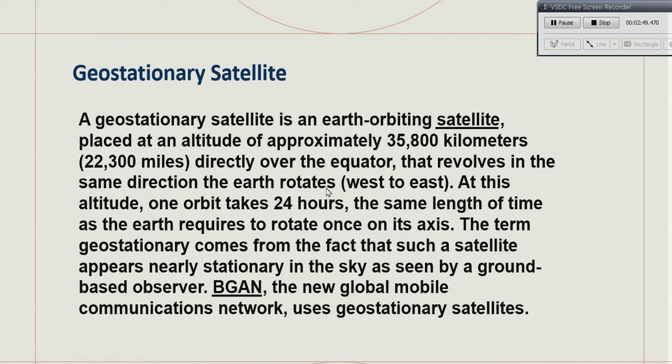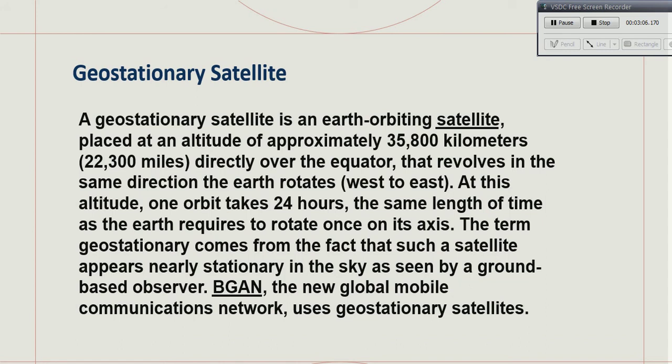At this altitude one orbit takes 24 hours, the same length of time the earth requires to rotate once on its own axis. Why did the term geostationary come? The fact is the satellite appears nearly stationary.